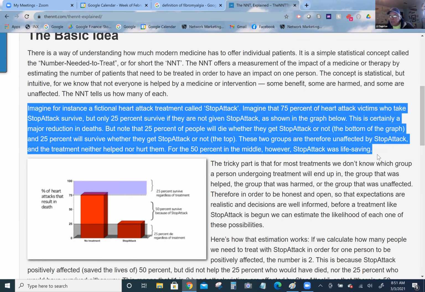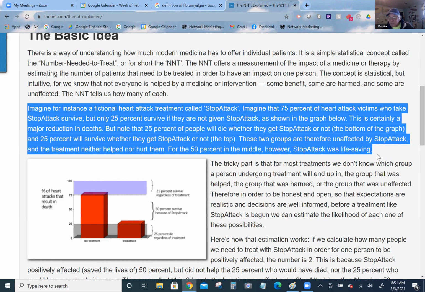This is certainly a major reduction in deaths, but note that 25% of people will die whether they get Stop Attack or not, the bottom of the graph, and 25% will survive whether they get Stop Attack or not, the top. These two groups are therefore unaffected by Stop Attack, and the treatment neither helped nor hurt them. For the 50% in the middle, however, Stop Attack was life-saving.